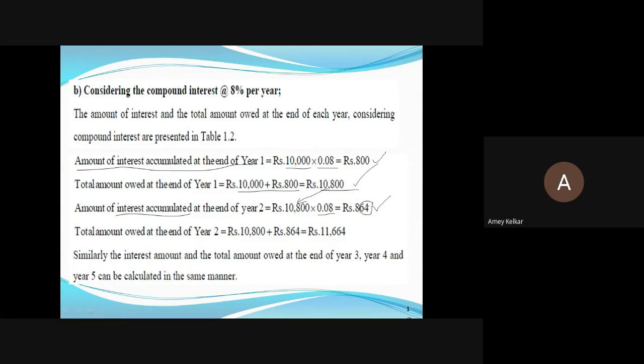Okay, the 64 is the effect of compounding. Now, when we went for the next year, the amount was 10,800. Sorry, for this, we add this interest amount, and this is what we get, 11,644. So what happens is each year, the compounding amount goes on increasing.